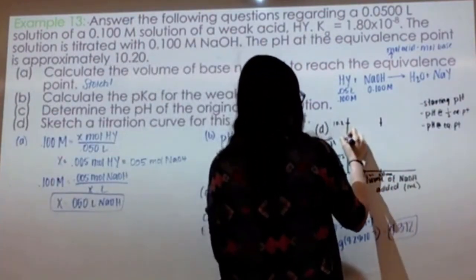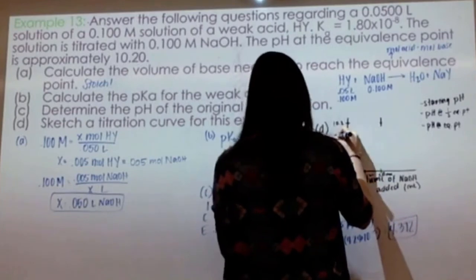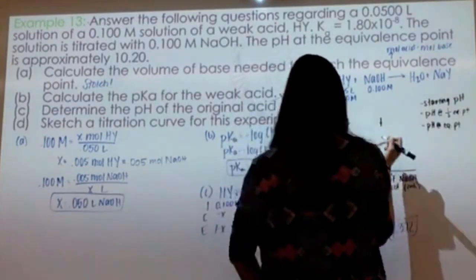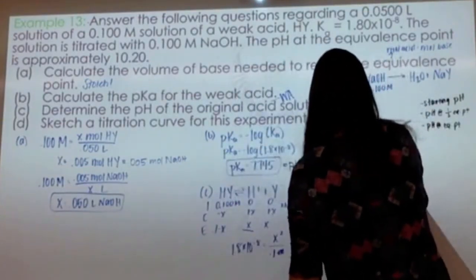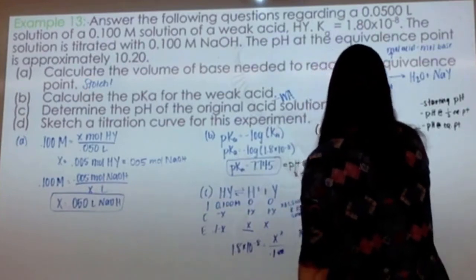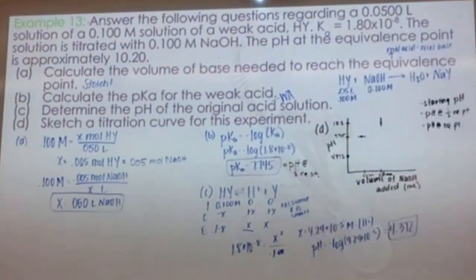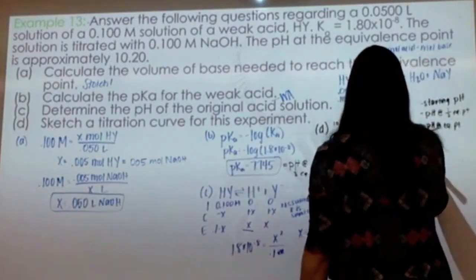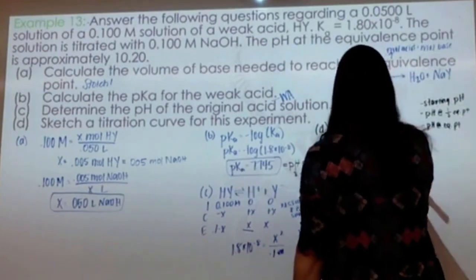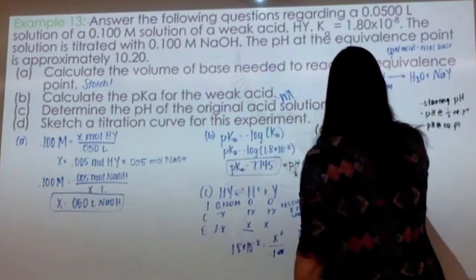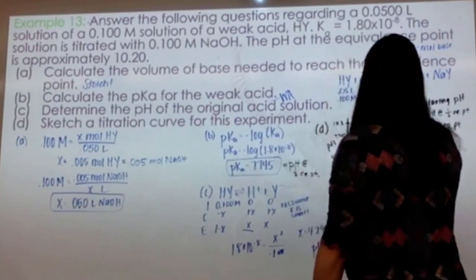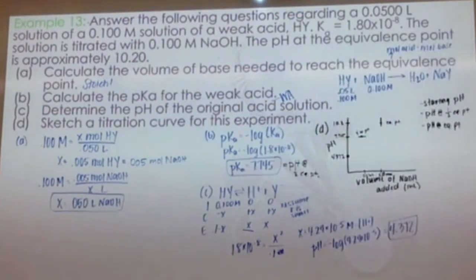So here maybe 7.745. I'm going to put a horizontal line through the half equivalence point. So here's the equivalence point, where moles of acid equals moles of base. The half equivalence point is where pH equals pKa.